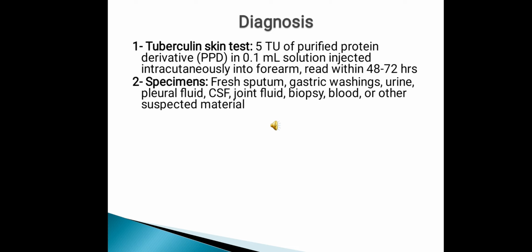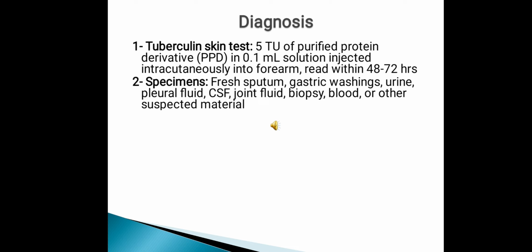So we need different specimens. Maybe you can use gastric washing, urine, pleural fluid, CSF, joint fluid, biopsy, blood, or any suspected specimen. We have many types of specimens because the bacteria is distributed in different organs of the body.